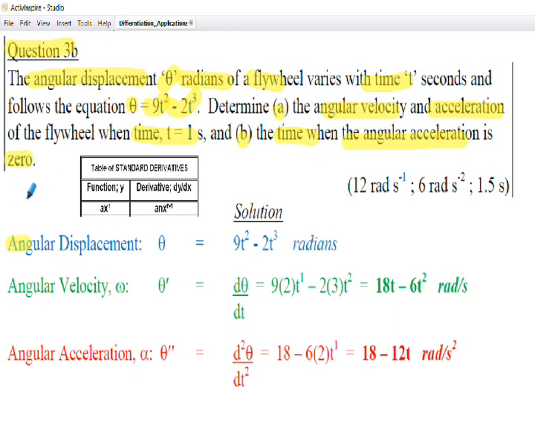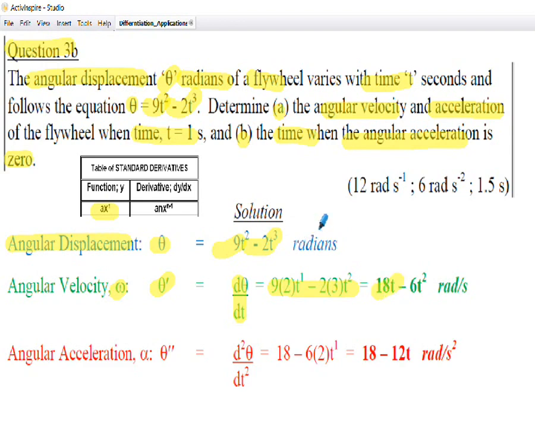So taking the original equation for displacement theta, 9t squared minus 2t cubed, that's all standard form of ax to the n. If I differentiate that to find my angular velocity, so my first differential here, d theta by dt, I'll let you review the standard form there.